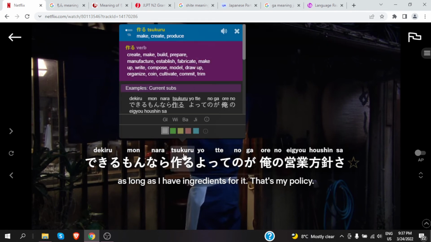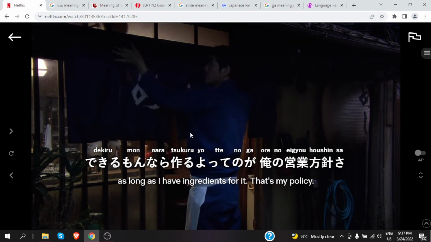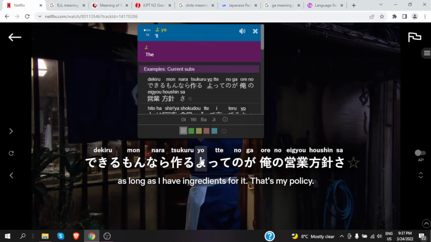Tsukuru, make. Okay, I think I knew that before. Well, I've seen it before. Tsukuru, make, prepare these meals. Now, tsukuru yo. Okay, so we'll make. Tsukuru yo.